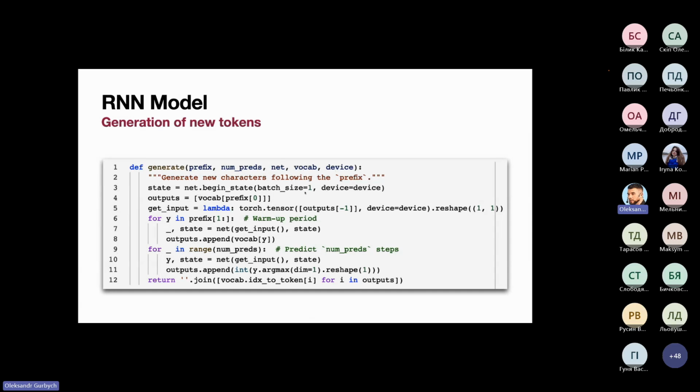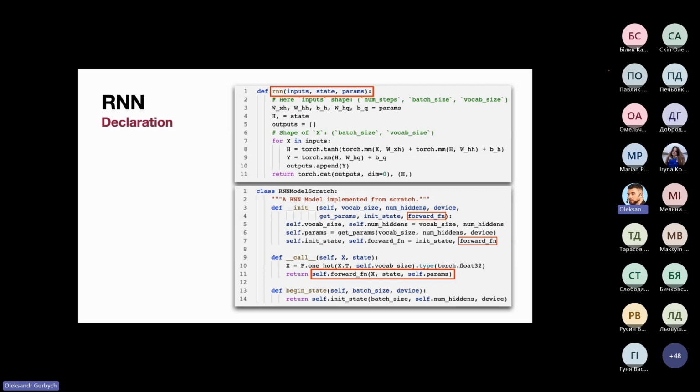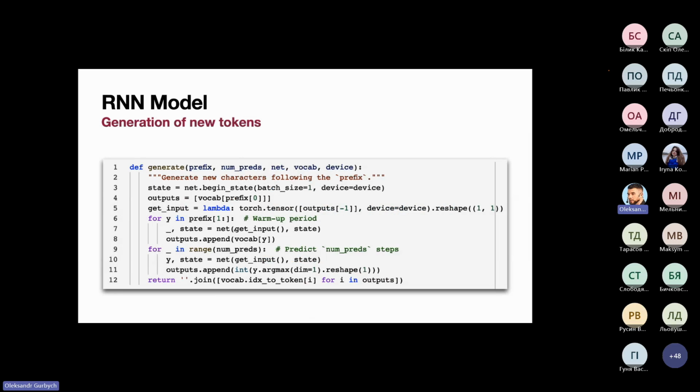See, we initiate state and we put the prefix in as the first output. Then we turn the network into a generation state. Get input is a lambda function definition that we will put into the network. See, we pass get input as a forward function. Remember this parameter, forward function? The state is the initial state of the network.